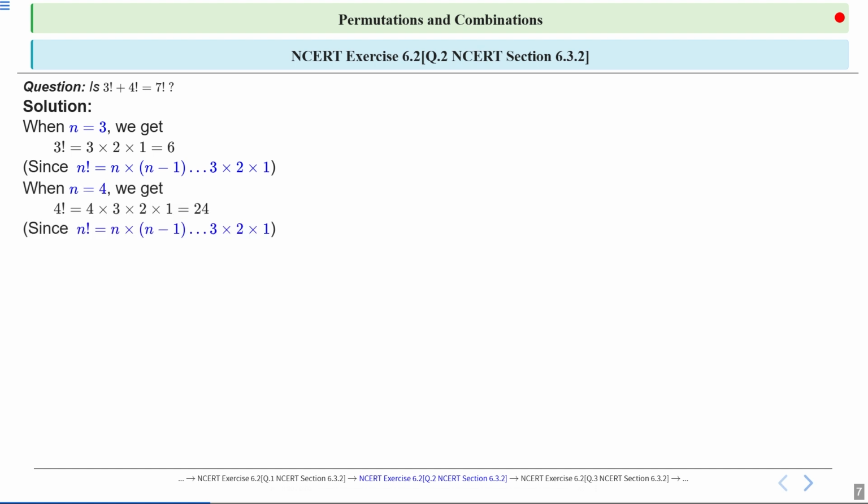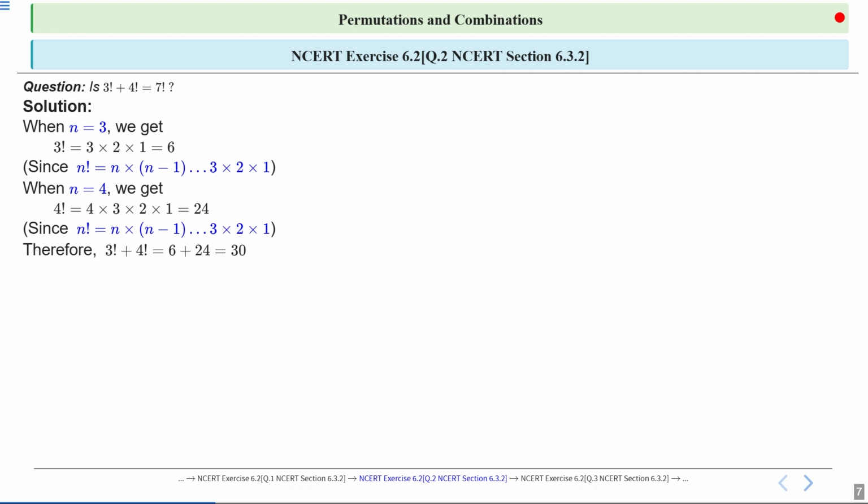When n is equal to 4, then we get 4 factorial. 4 factorial means 4 multiplied by 3 multiplied by 2 multiplied by 1, which equals 24.